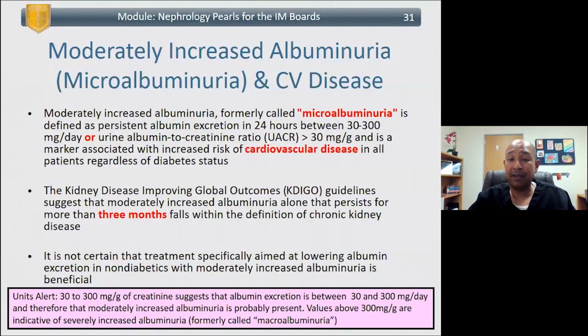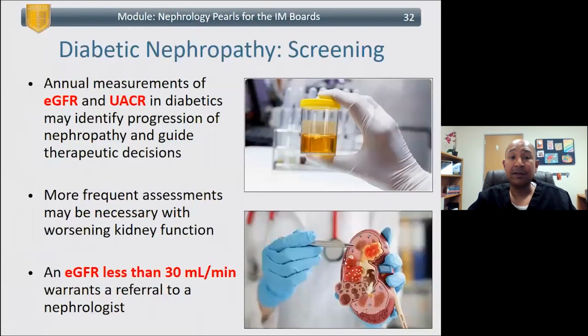And also, it's very important to know that KDIGO, the Kidney Disease Improving Global Outcomes guidelines, suggest that moderately increased albuminuria that persists for more than 3 months almost follows itself in the definition of chronic kidney disease. So it's very important to do the screening. So what's going to be the screening?